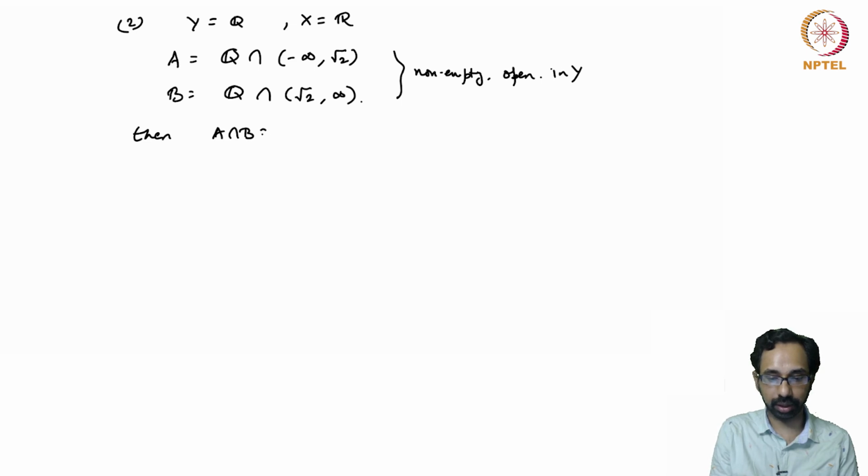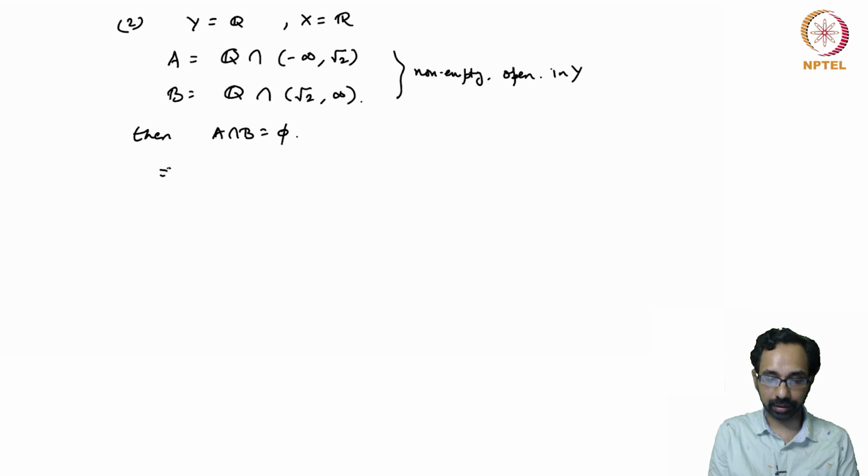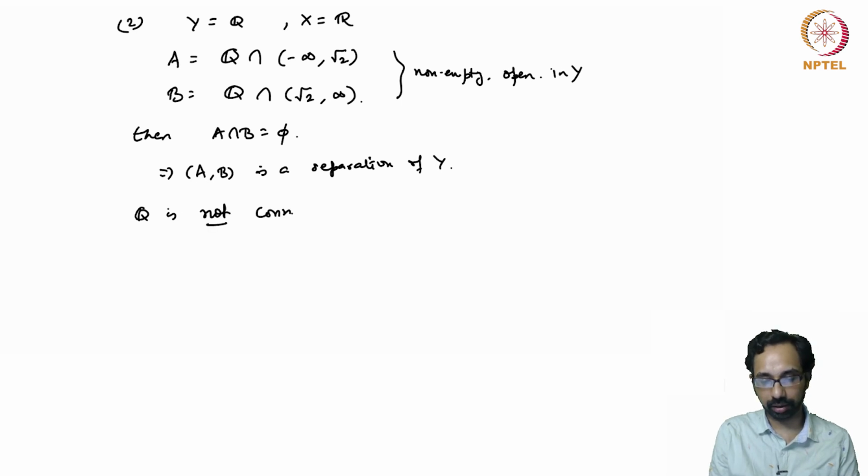So A intersection B is the empty set. This means that AB is a separation of Y, and so Q is not connected in R. And using similar methods you can prove that R minus Q is not connected either.